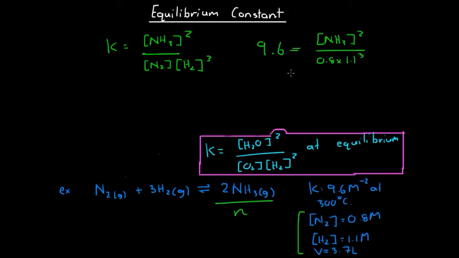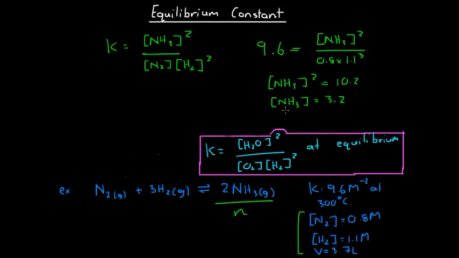If we manipulate this equation slightly, we get that the concentration of ammonia squared is equal to 10.2, and therefore our concentration of ammonia is equal to 3.2.